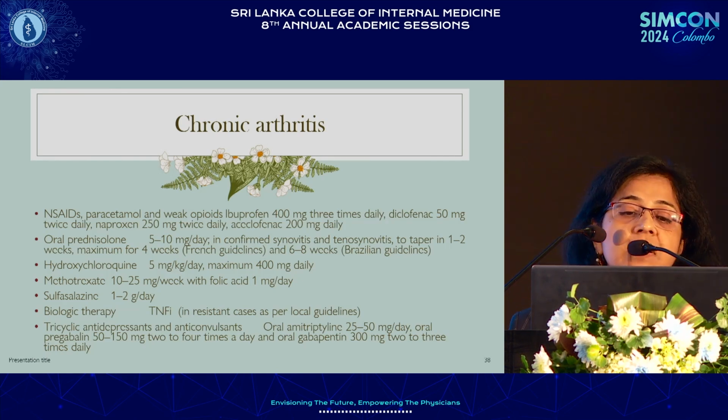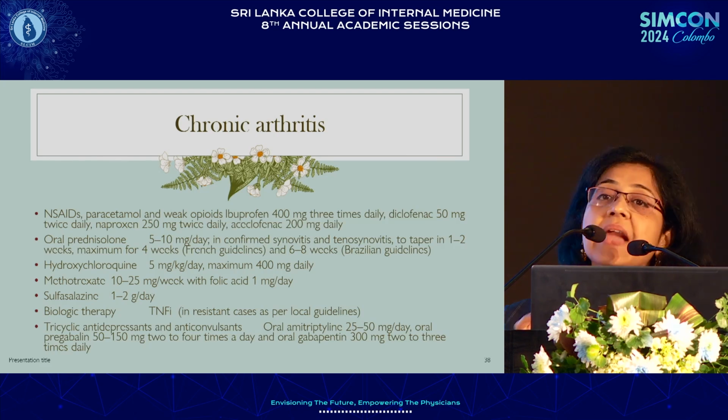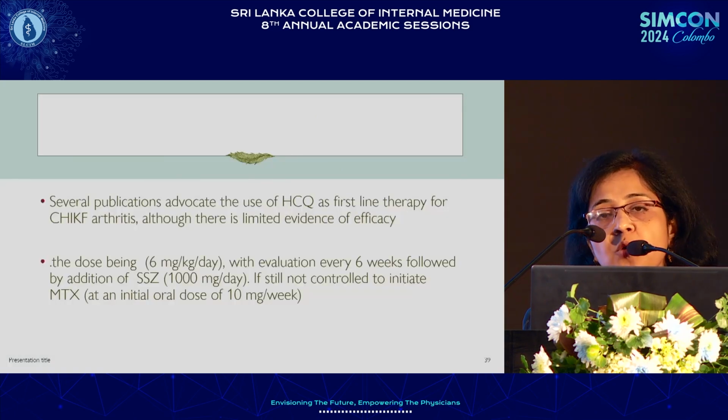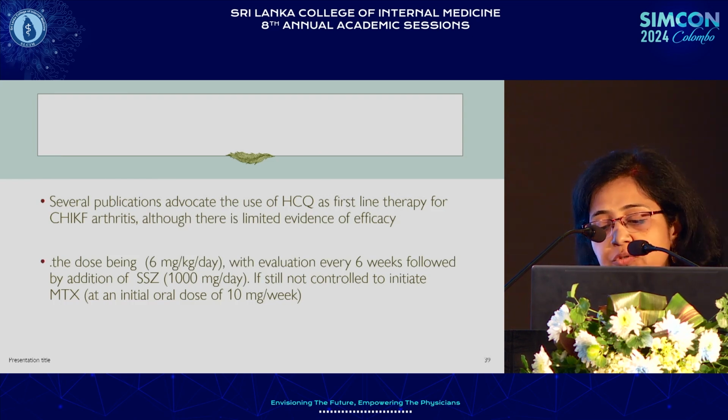So hydroxychloroquine, 5 milligram per kg per day, can be added along with the analgesics. If your patient is not responding well to hydroxychloroquine alone, then you can also give a combination of hydroxychloroquine and sulfasalazine. Later on, weekly methotrexate has also been added in many cases with good results.